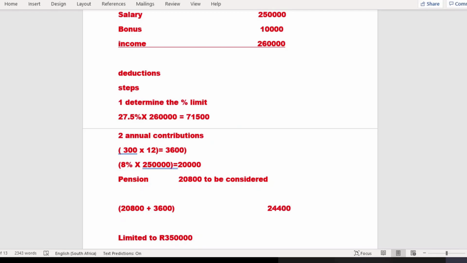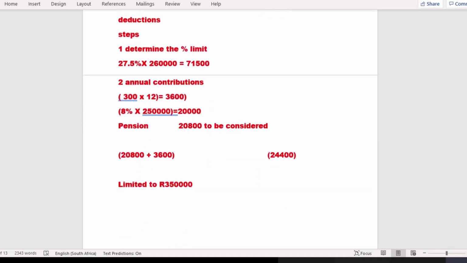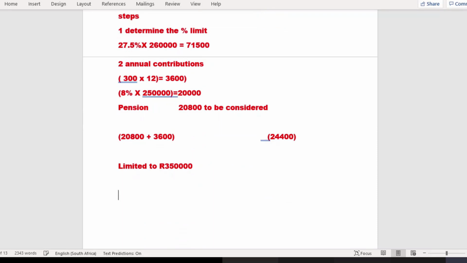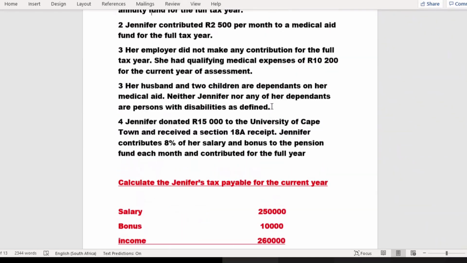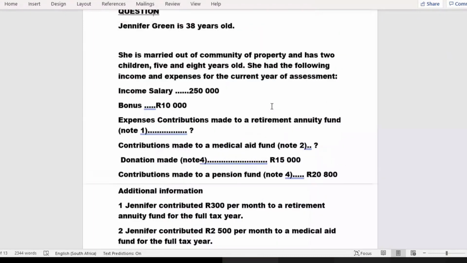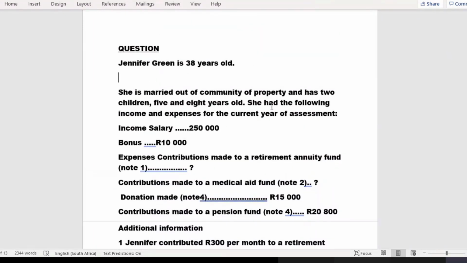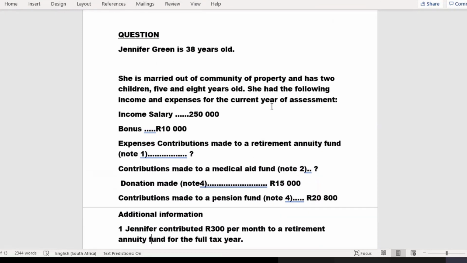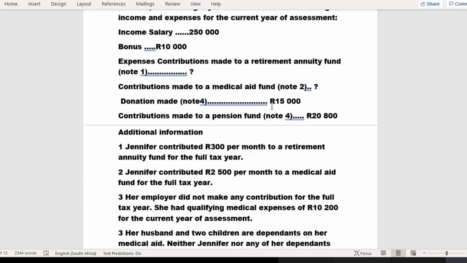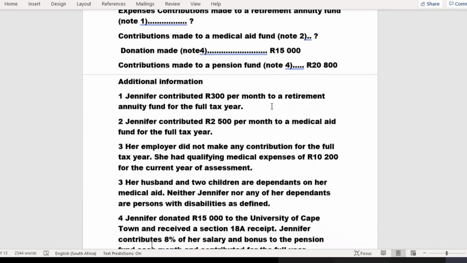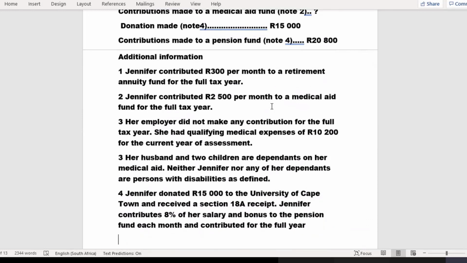What's your total to be deducted? So we're going to look at donation. Let's have a look at the question again. Donation, where is donation? Okay, 15,000 Rand, which is the one that was made to UCT, right?